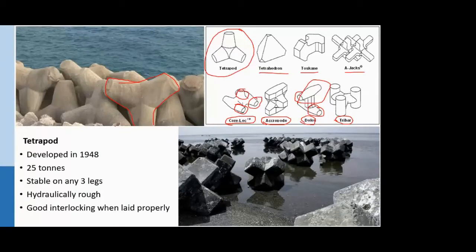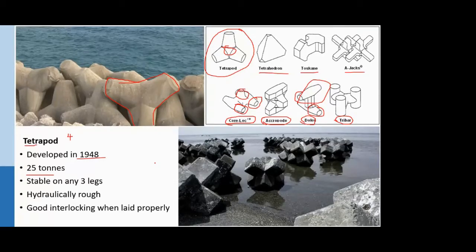Regarding this tetrapod, it was first developed in 1948, and generally they weigh about 25 tons or so, and they can remain stable on three legs. Actually it's a tetrapod, so it has four legs, but in the photograph you can see only three. The fourth one is behind this, but it can remain stable on three legs as well.